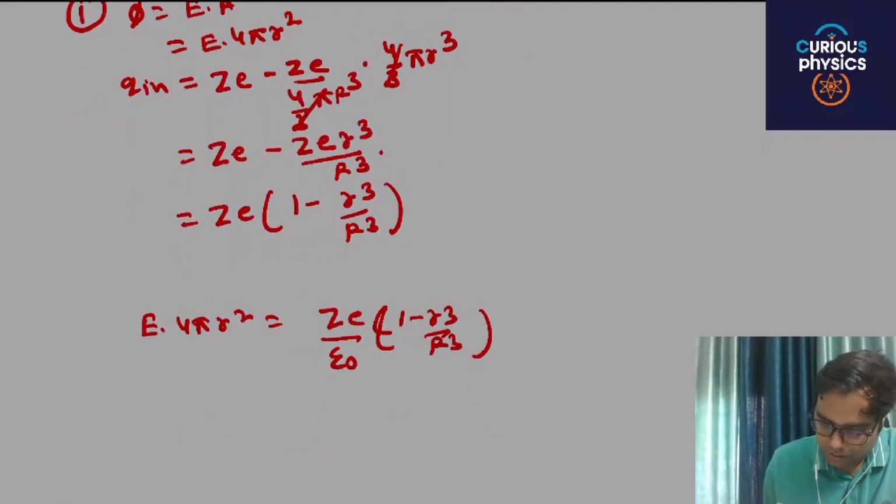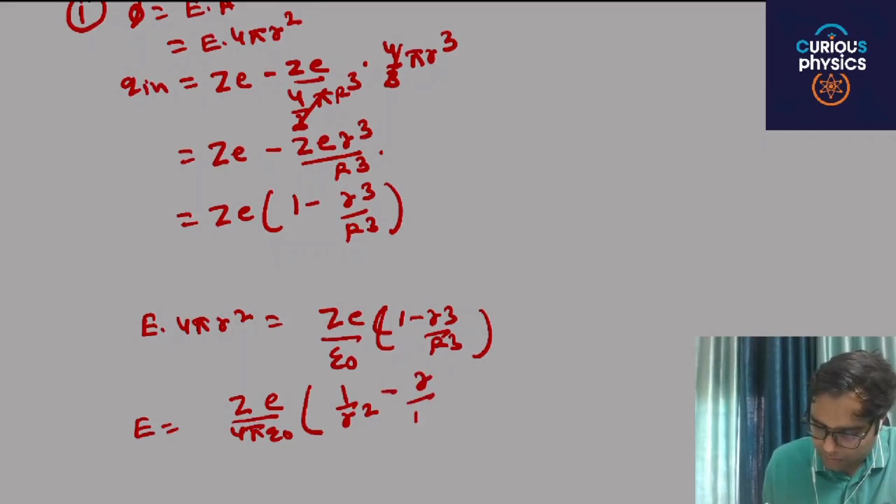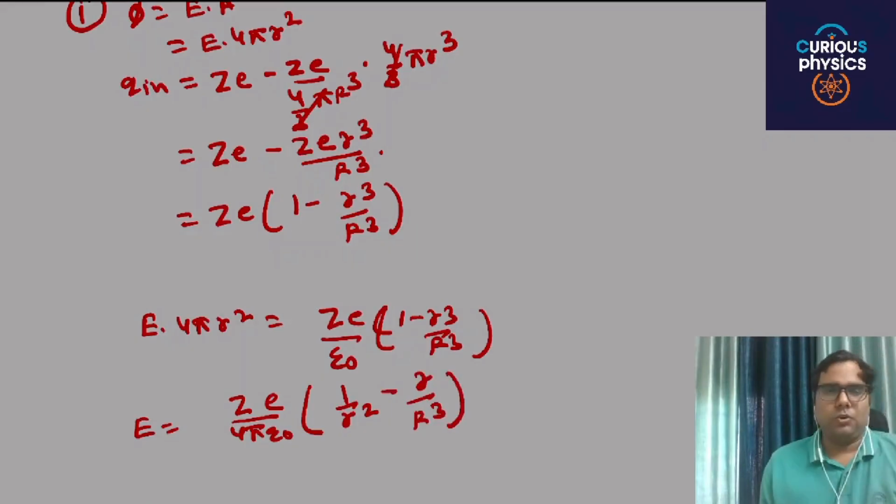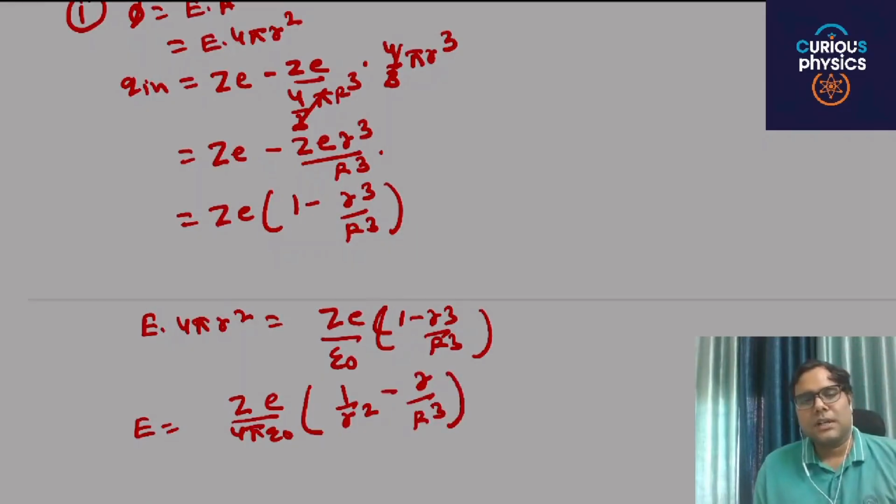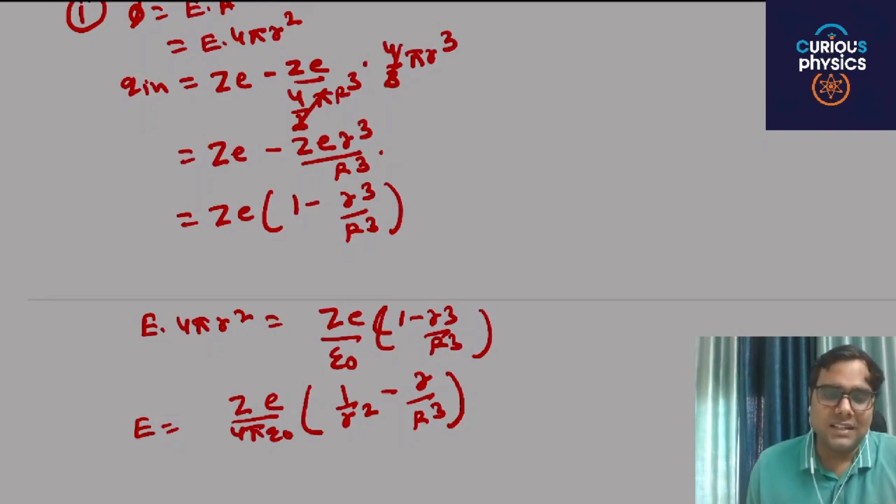Just cross multiply, and you will get E equal to Ze by 4 pi epsilon naught times 1 by r square minus r divided by R cube. The question is not tough, it's just all about your basic understanding. The author tries to make you understand how to use these charge densities.